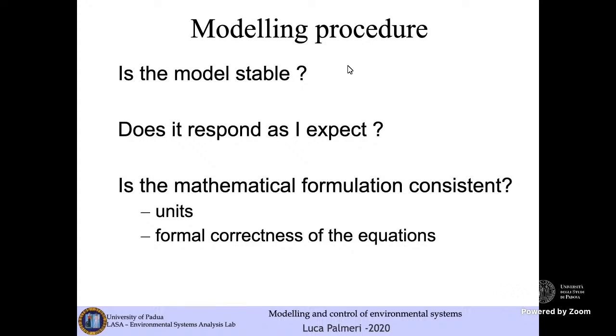A stable model will respond by providing, for a state variable, a kind of description. We have t on the horizontal axis, the value of the state variable on the vertical axis.